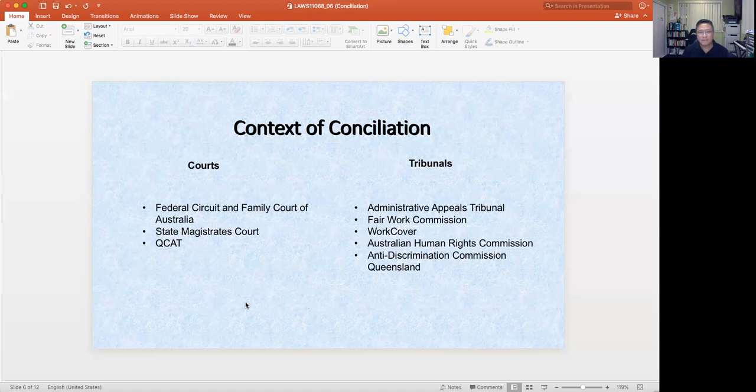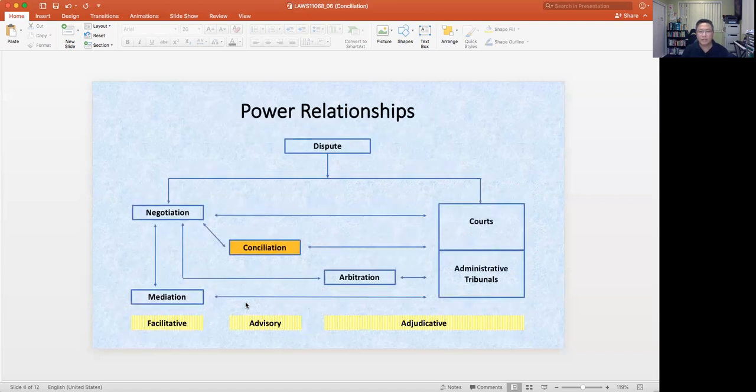I emphasize that because when we speak of conciliation, when a dispute is referred by the courts or administrative tribunals to a conciliator, we need to remember that the conciliator has a dual role. One is to make sure that the conciliator discharges his functions or roles according to the statute that created the court or administrative tribunal, which referred the dispute to him or her.